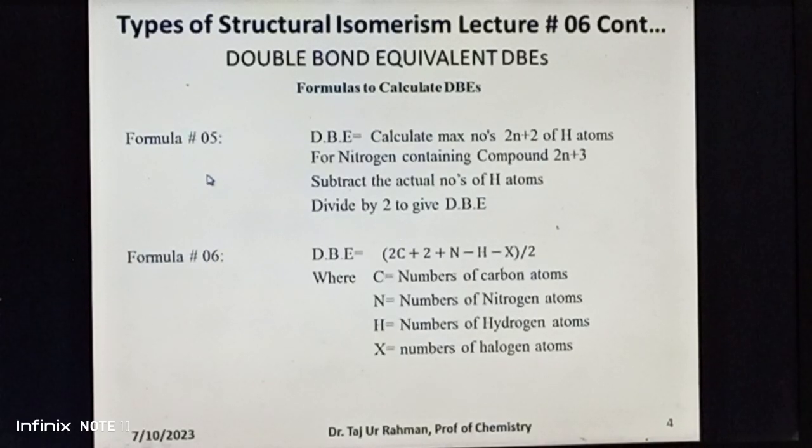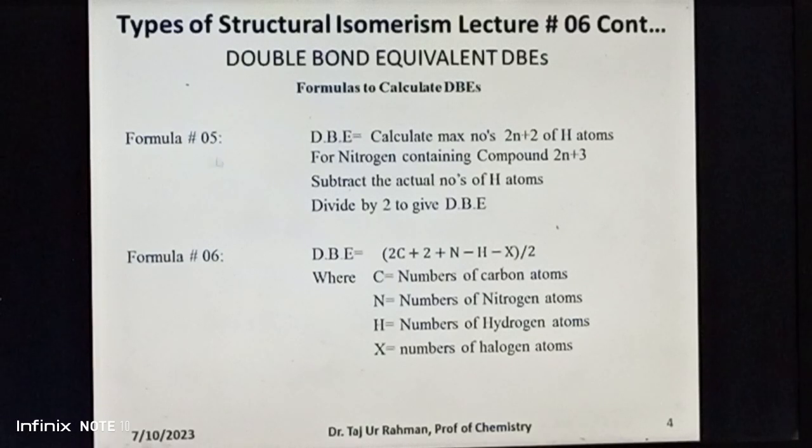This is formula number 5, and to calculate DBE by using this formula, first we have to calculate the total number of hydrogen atoms by using the formula 2n plus 2, and if the given molecular formula contains a nitrogen atom, then we use 2n plus 3 instead of 2n plus 2. Here in both formulas, n indicates the number of carbon atoms.